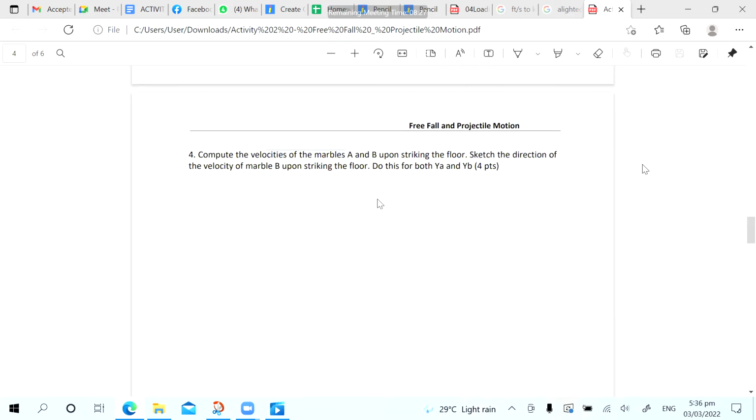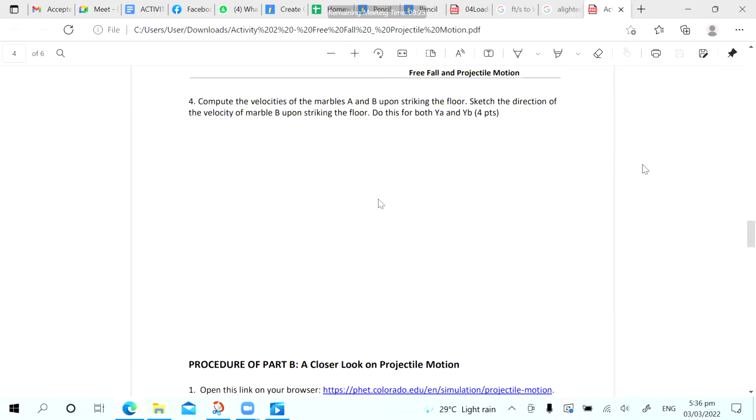So you will compute v sub x and v sub y, and then ang pangitaon nga velocity is the velocity vector, which is pangitaon ninyo ang magnitude using the vx and vy, di ba? Square root of vx squared plus vy squared. And then we have theta, which is the direction, tangent inverse of vy over vx. Don't forget to label the vx and vy as well as the direction theta.